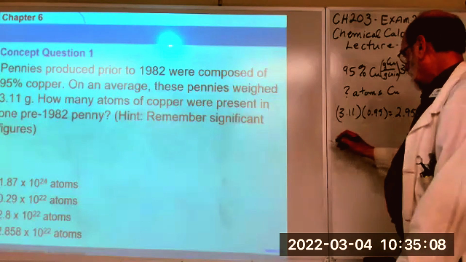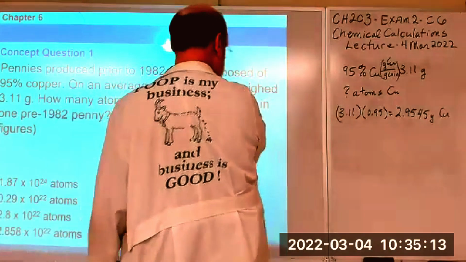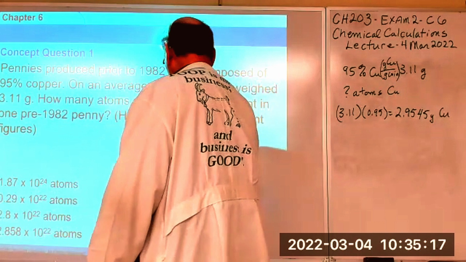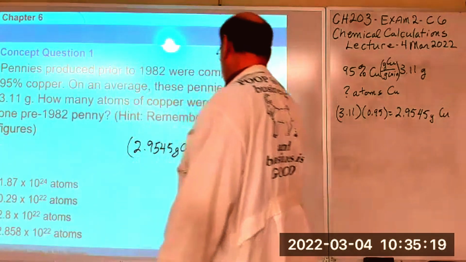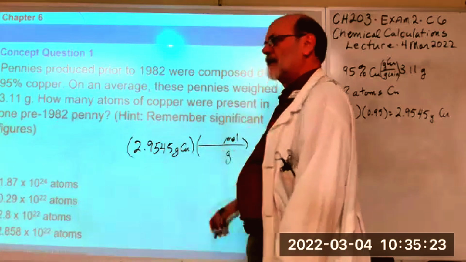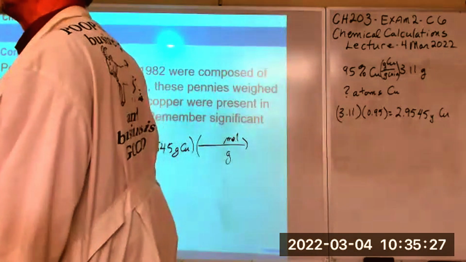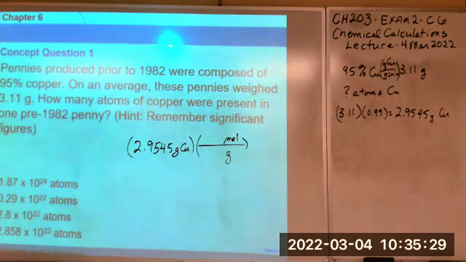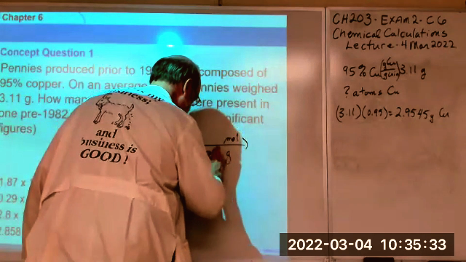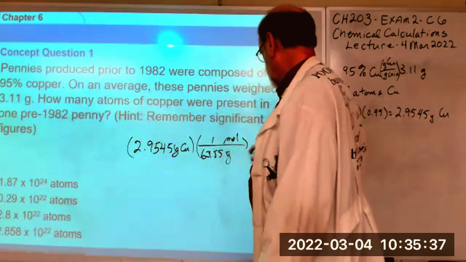So we have 2.9545 grams of copper, and we're going to convert to moles. Copper was 63.55 grams of copper per mole.